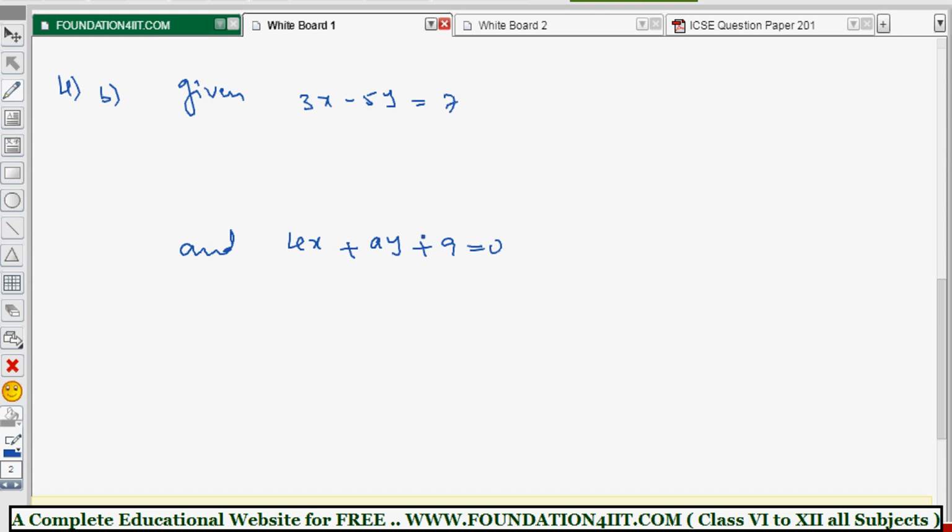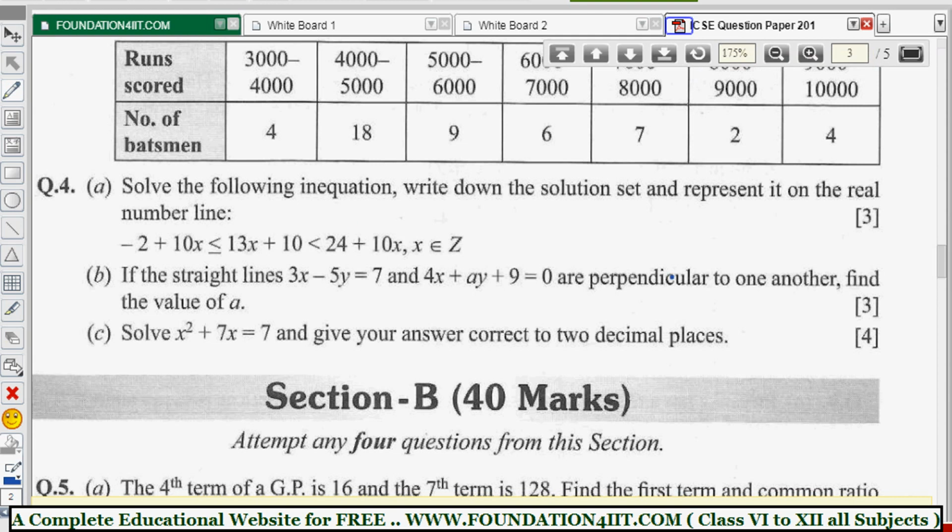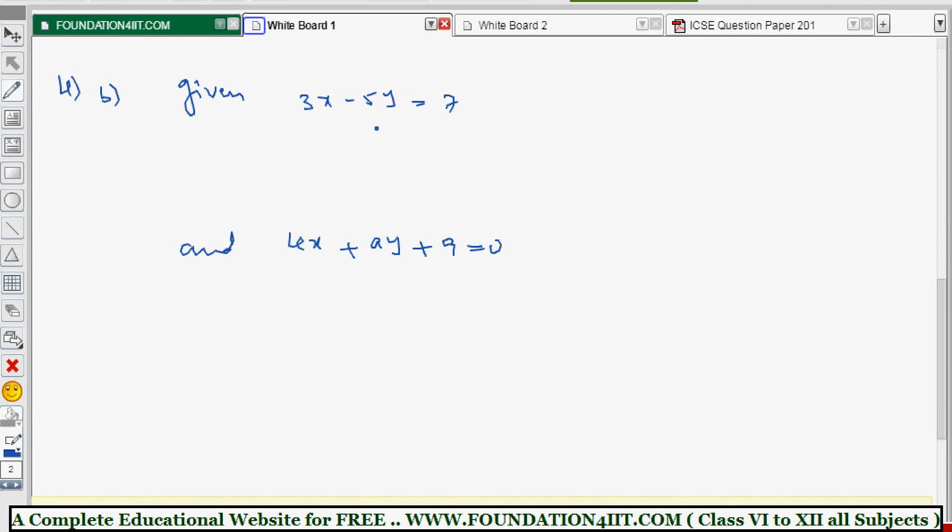Now from these both we will find the slope, because the lines are perpendicular to one another. So you can find the slope from these both equations.